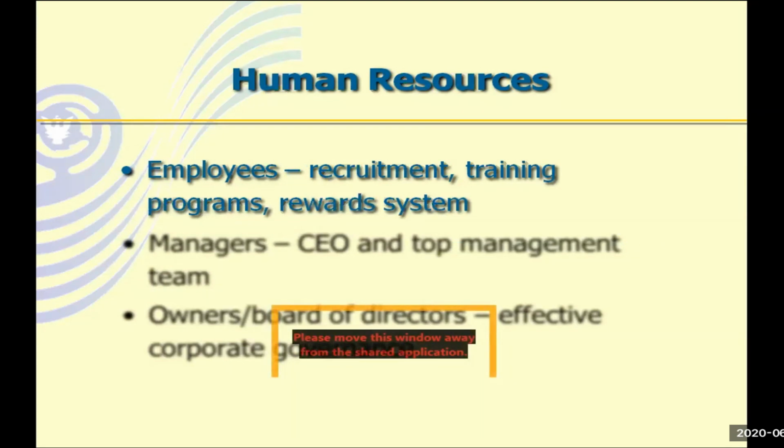For example, employees. Where do you get these resources? Through recruitment, through training, through reward system. Recruitment is the process of getting the people into your company. So you need to pick the best. And even if you don't pick the best from the industry because they are expensive, then train them.